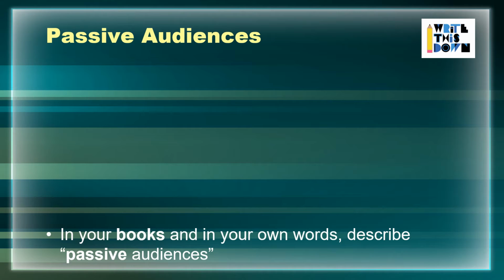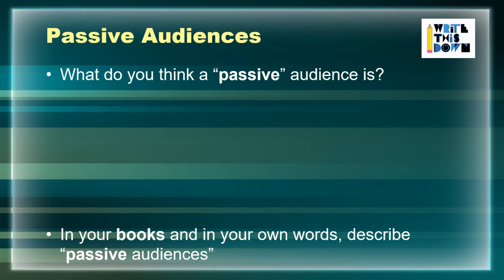We're going to start with a passive audience, so do please make sure you've written down the subheading passive audience. You need to know what a passive audience is. What do you think a passive audience is? Well, a passive audience is basically an audience which does not have much control over the influence of the media.